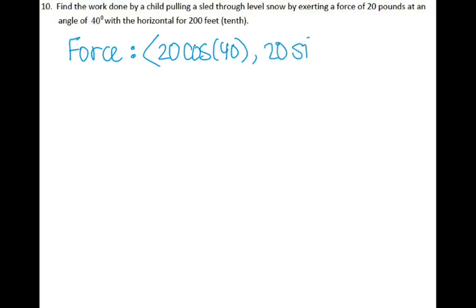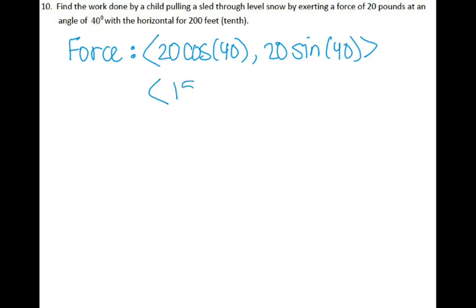So my force is going to be 20 cosine of 40 and 20 sine of 40, which we already calculated for the other problem. I should just copy that down.